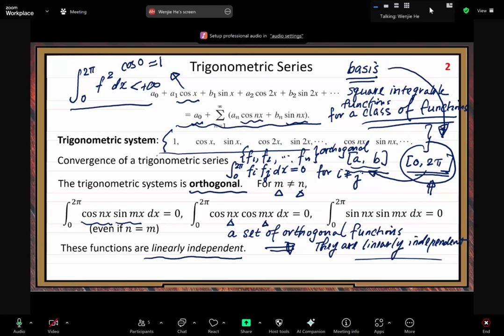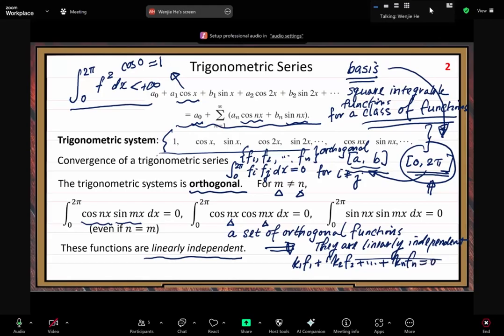Independent, what's the meaning of? So let's write a general linear combination: k1 f1 plus k2 f2 plus ... plus kn fn equals 0.